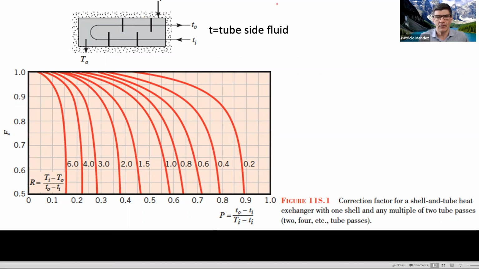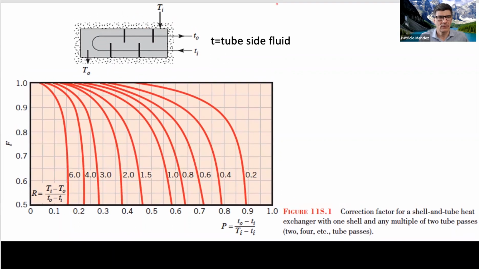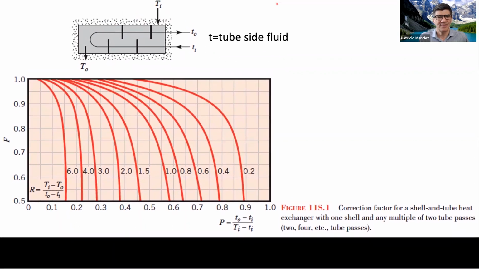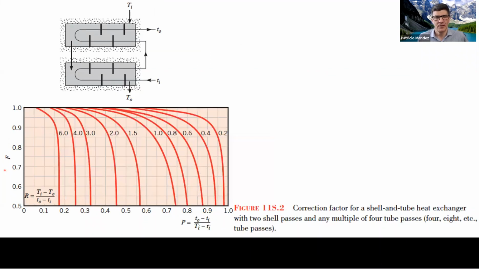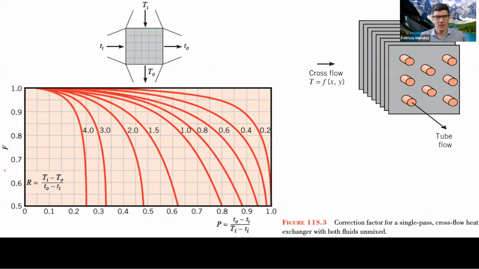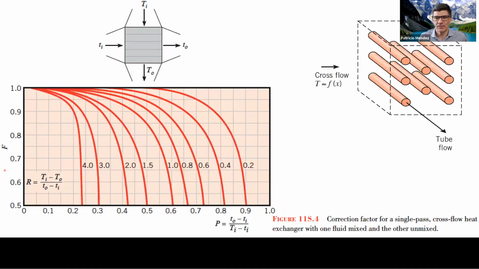And then we would calculate the correction factor using this graph, which we have for one shell, two passes, for two shell, four passes, for unmixed cross flow, for mixed cross flow.